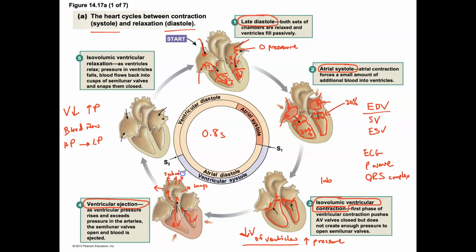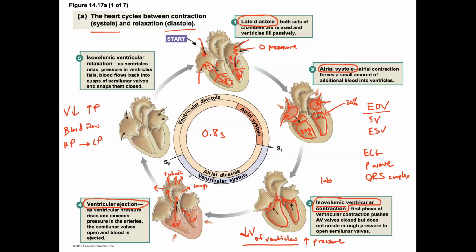So blood is being pumped to the lungs and out to the body. Why does that happen? Because we built up high pressure in the ventricles and it's moving out to areas that have lower pressure. The pulmonary trunk and aorta have a lower pressure compared to the ventricles.